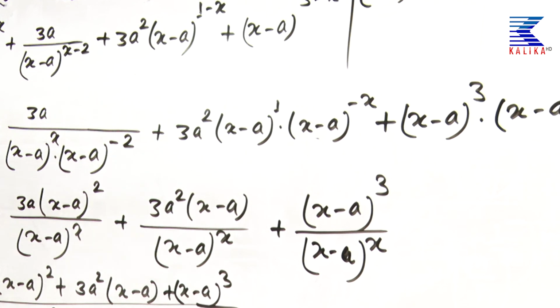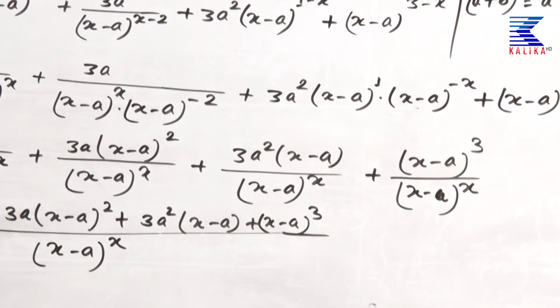Look here, a cube plus 3a square b, and 3ab square plus b cube. Then we can use that formula, a cube plus ... that means (a plus b) whole cube, where a plus b is x minus a plus a. Okay?